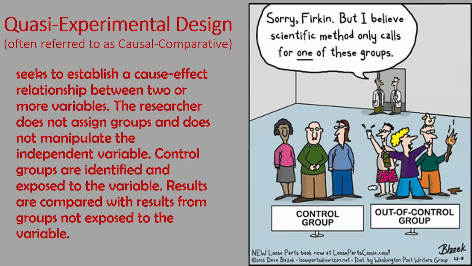In quasi-experimental data, we start to look for things like cause and effect relationships. We're trying to look at things where we may not manipulate the independent variables. We simply have the independent variables in place as categorical or categorizing factors, but we look and observe what's going on with our selected dependent variable. Also, we may have one group who gets exposed to something and another group that doesn't.